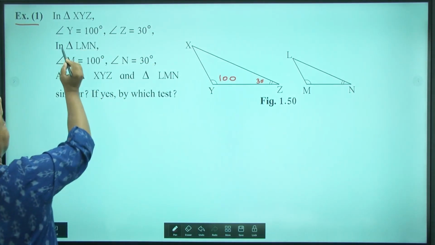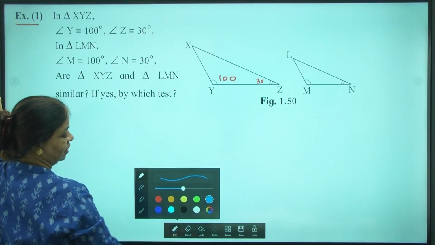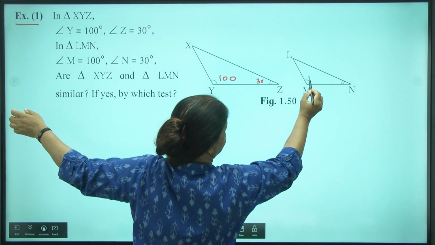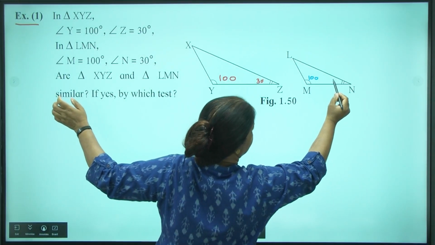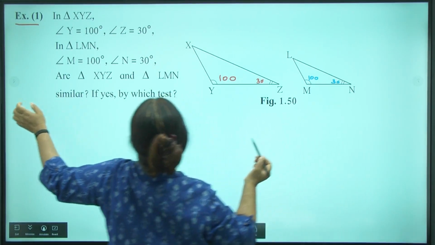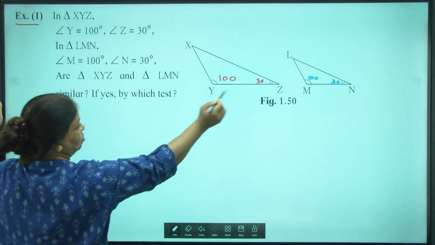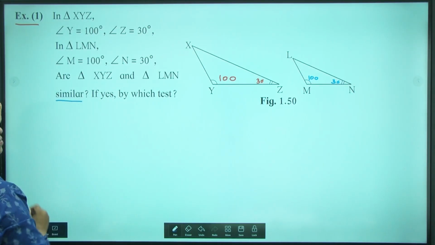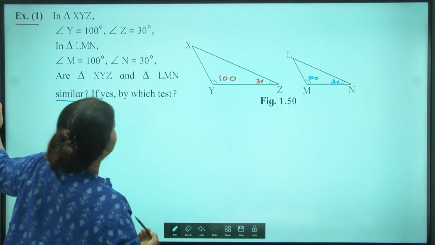In triangle LMN, angle M is 100 degrees and angle N is 30 degrees. We want to see, are triangle XYZ and triangle LMN similar? If similar, by which test? Let's see what is given first.